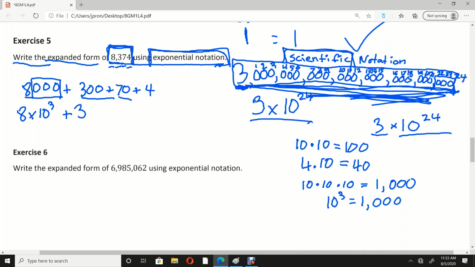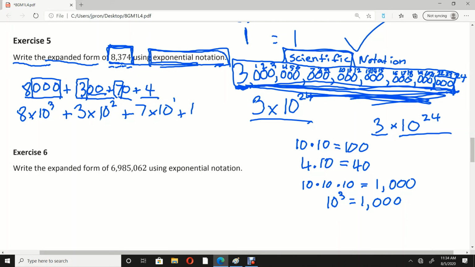3 is the first number we're looking at. How many zeros are there? 2. So it's 3 times 10 to the second power plus 7 is the first digit. How many zeros? 1. So we write it as 10 to the first, or you can just write it as 10, but since we're writing in exponential notation, why not? And then we have 4.